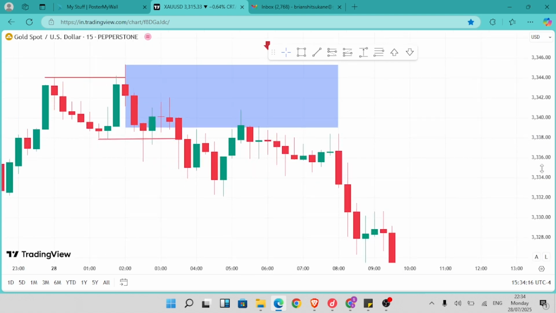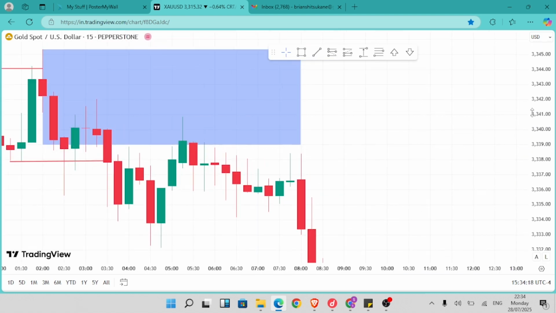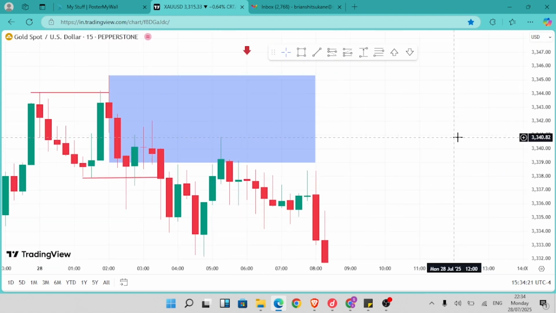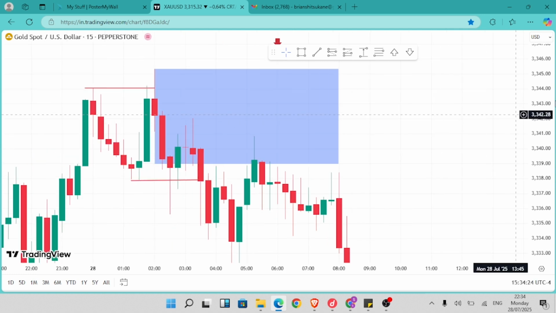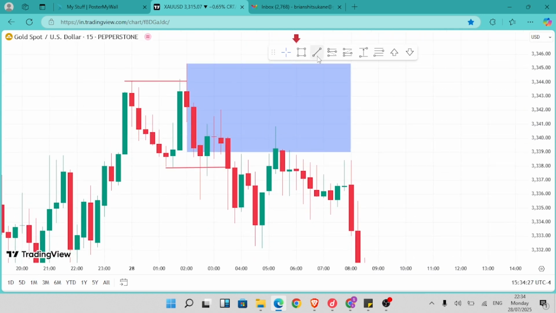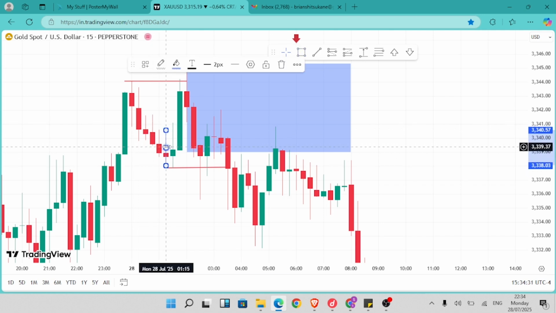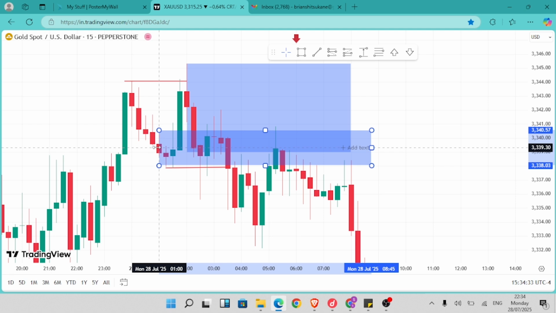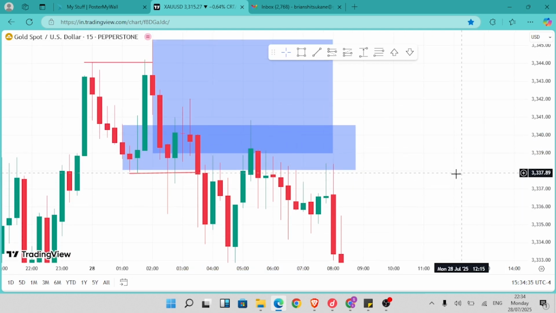So what we want to look for next is the 15-minute dealing range, where price is likely to retrace back into. So we have this order block, price reacting off this area.